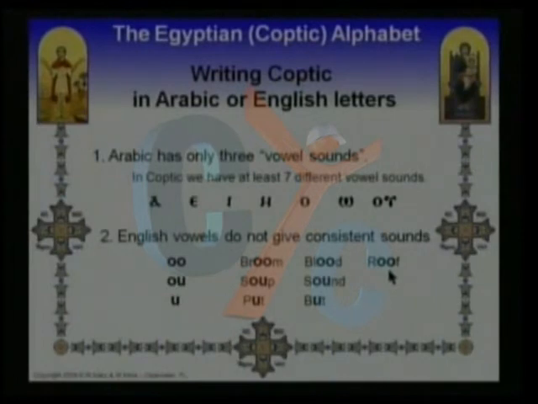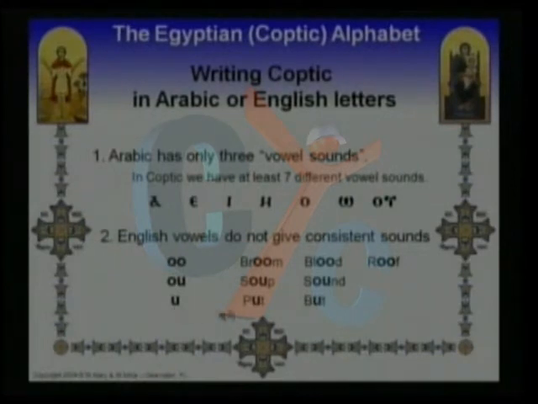And the roof, so you have broom, blood, roof, and each one of them is different. So when you write this in Coptic, you wouldn't know which one to use. Also, the OU sound, it could be like ooh, soup, or it could be like sound. So it could be oo or ow.